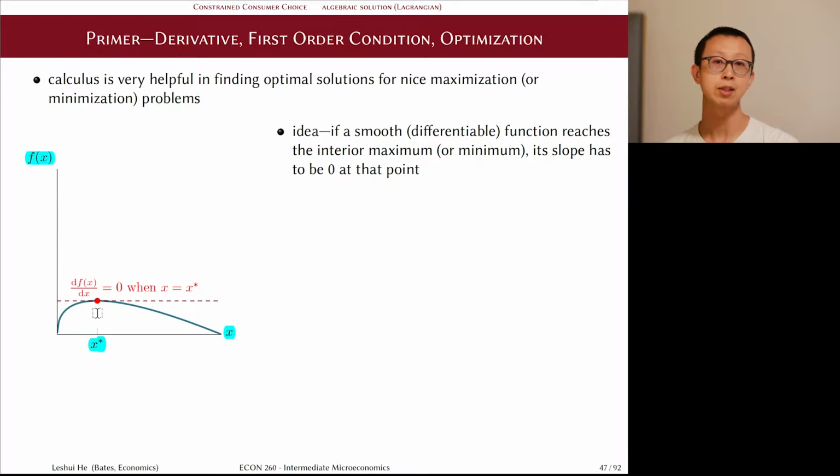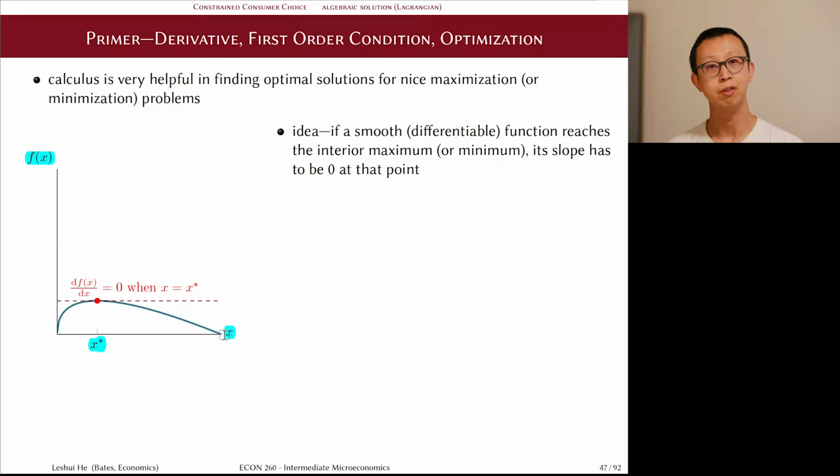It turns out that this is not a coincidence at all. For any smooth function that reaches a maximum, it must be increasing up to that point, and then decreasing afterwards. And the derivative at the maximum must be 0. The same idea actually applies to minimums as well. As a smooth function dips into the minimum, it must be decreasing before that point, and then increasing afterwards.